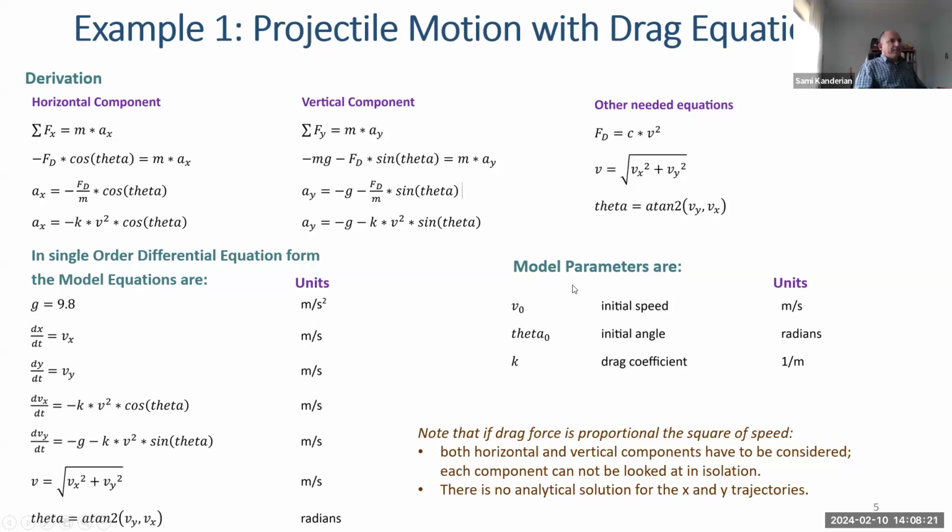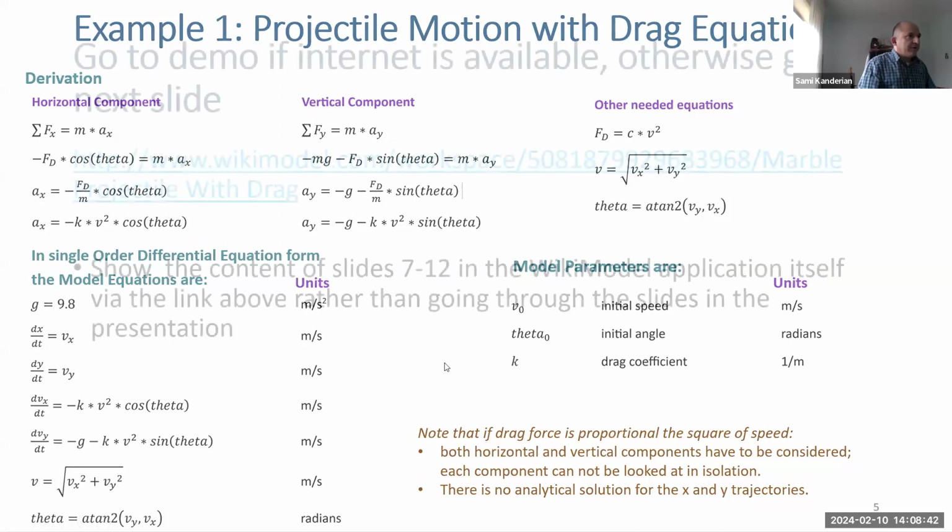Of course, we know that when there's no drag at all, we don't need to integrate differential equations. We can just use the analytical solutions, right? But for this problem, since we're considering drag and there's a square term here, we have to use an ODE-based model.